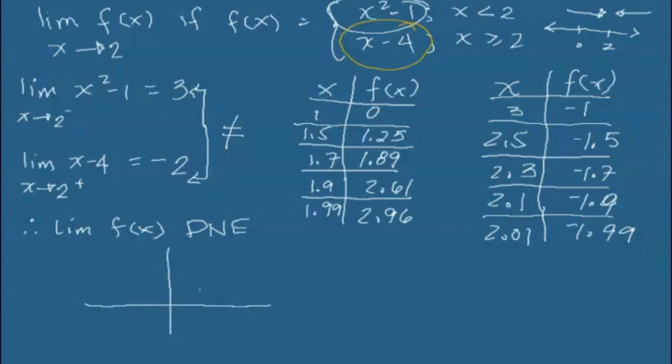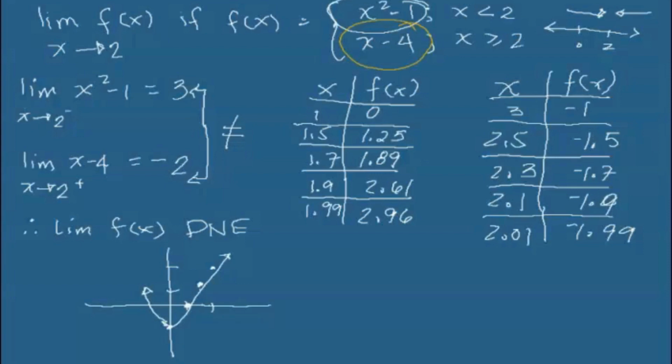Even if we graph this, so let's graph. Our x squared minus 1: 1 is 0, 1.5 is 1.25. So this should be a parabola. 1.9 is 2.61, and 1.99 is 2.96 over here. All right, so this is the sketch of our x squared minus 1.